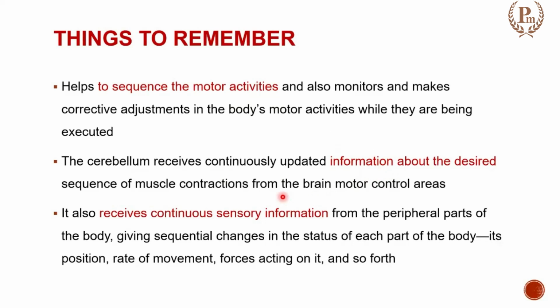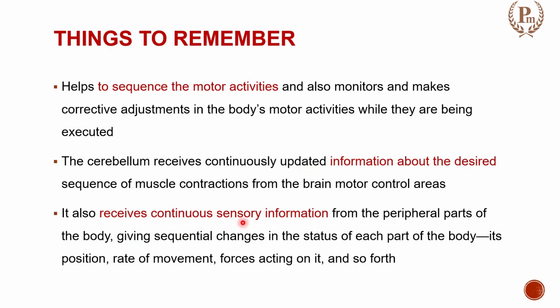Plus, the funny part is that it also has a copy of the future movement of your body. So it is updated with the planning, it is updated on how the plan has been carried out, and it is also updated as to what the future plan is.